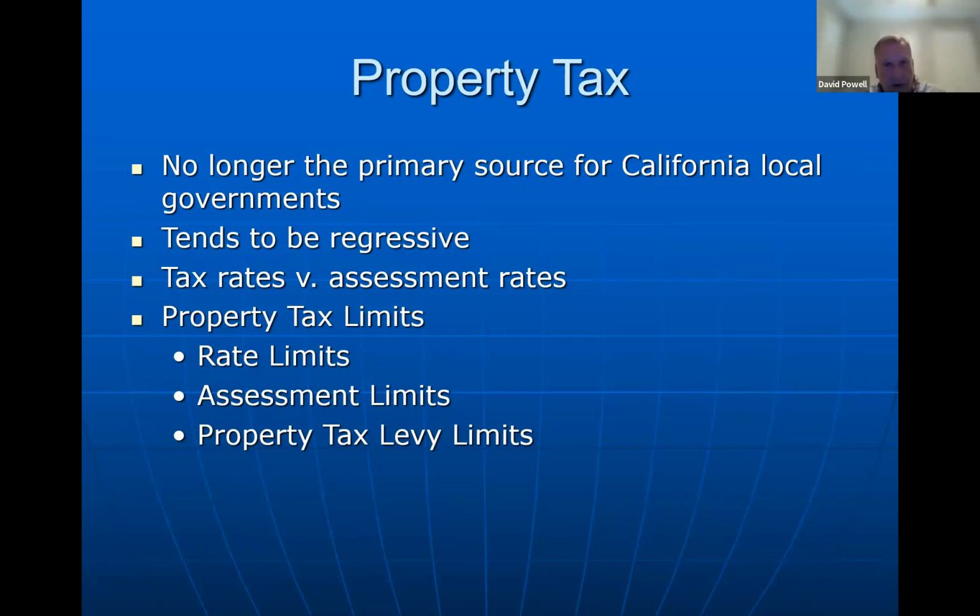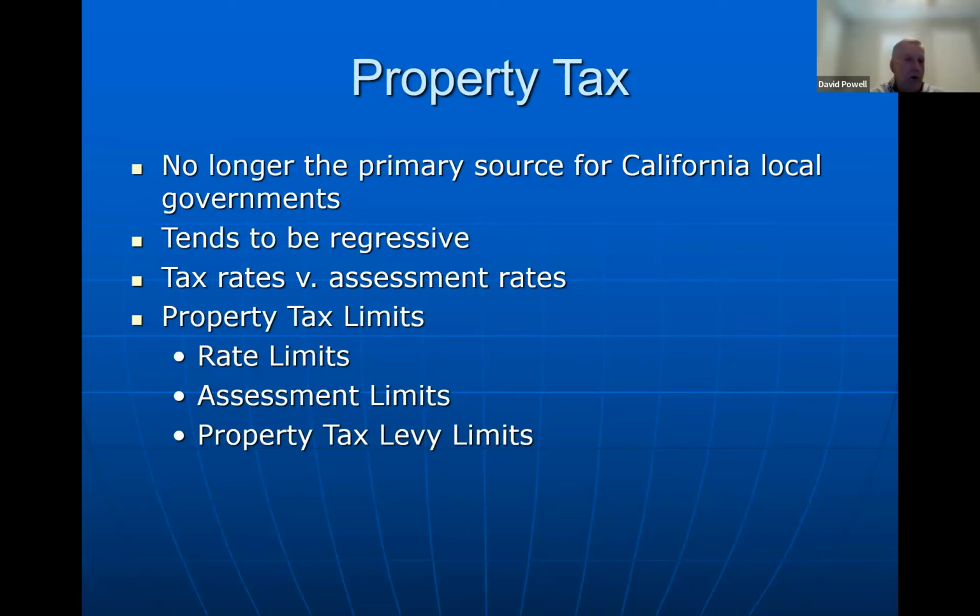Likewise, if you had an assessment rate limitation, but not a tax rate limitation, then you could just increase your tax rates and go from 1% to 5% to 10% and increase the amount of property tax revenue that you're generating. However, most states combine tax rate limits with assessment rate limits.